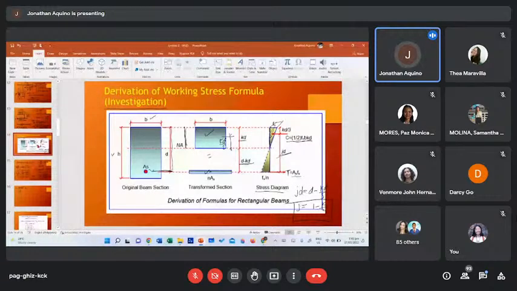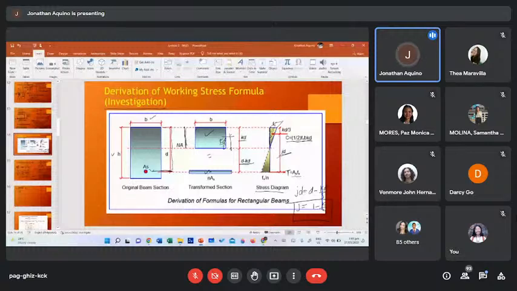So after solving for k and j, we can now solve for the internal couple. So hindi mo na kailangan bumalik doon sa kunin mo yung inertia. So pwede ka pa magkamali sa moment of inertia. So just simply solve for the internal moment capacity using this value of k.